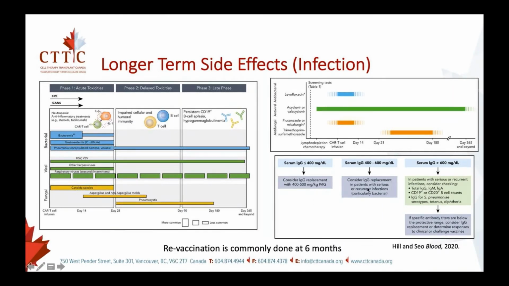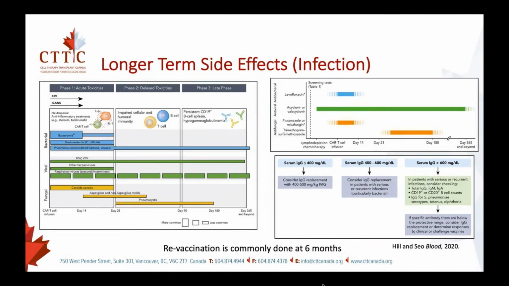Now, IVIG administration is a little bit controversial in terms of what is actually needed, but here's a good guide: if it's below 400, really consider replacement, especially if they have any serious infections or recurrent infections. If it's above 400 and there's no signs of infections, this isn't as much of a concern.